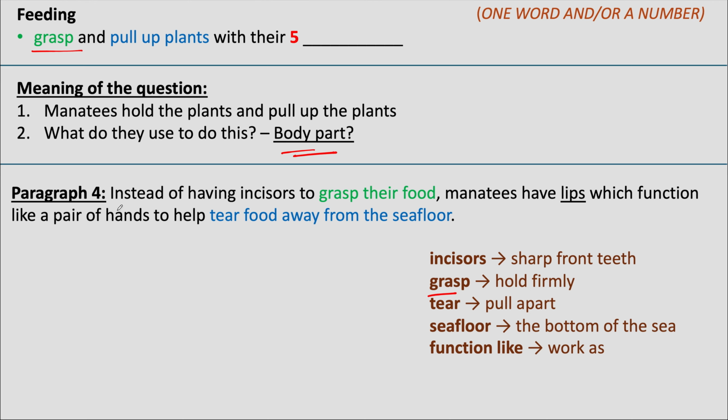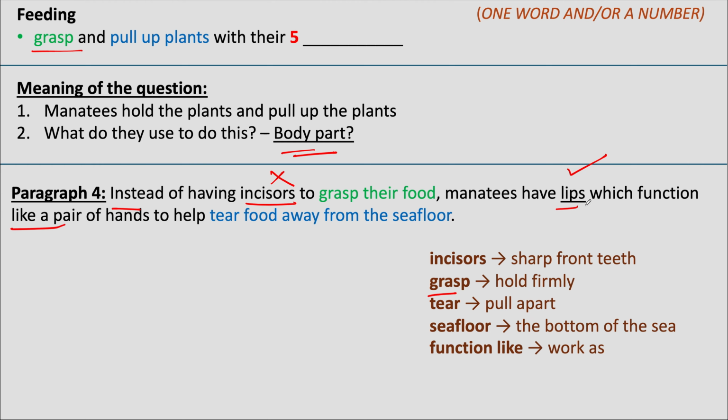In paragraph 4, we read instead of using incisors to grasp their food, manatees have lips which function like a pair of hands. This tells us two things. First, manatees do not use incisors. Second, they use their lips.